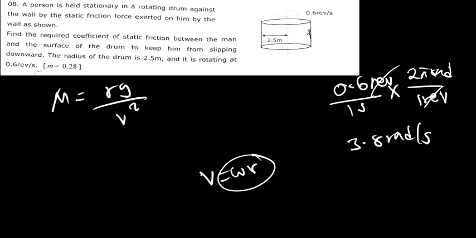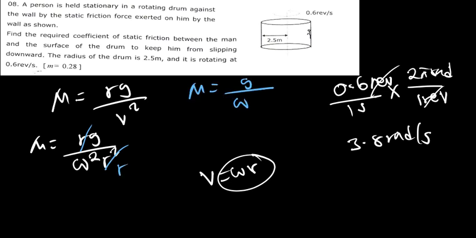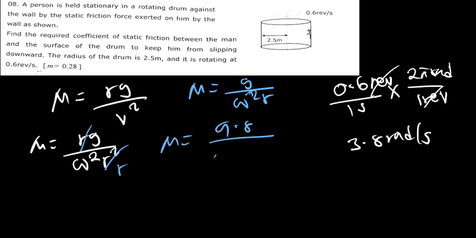Then, from this formula, I'm going to replace v with wr, so it will be w squared r squared. I can cancel r on top and r down here, so mu will be equal to g divided by w squared r. Plug in the values. g is 9.8, w is 3.8, squared. R is, where is it?